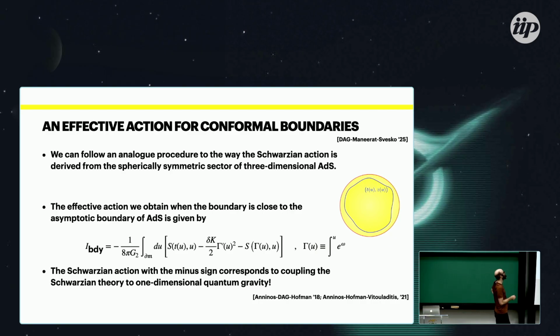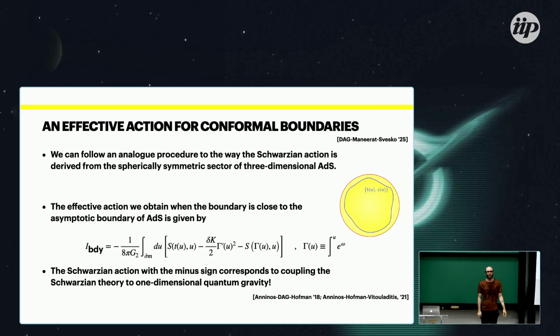And you can reinterpret this action as the standard Schwarzian action, but coupled to what people call one-dimensional quantum gravity. So in the standard story of the Schwarzian, we keep the size of the thermal circle fixed, and that gives the Schwarzian, but now we will consider the case where this circle is not fixed anymore and is allowed to vary.